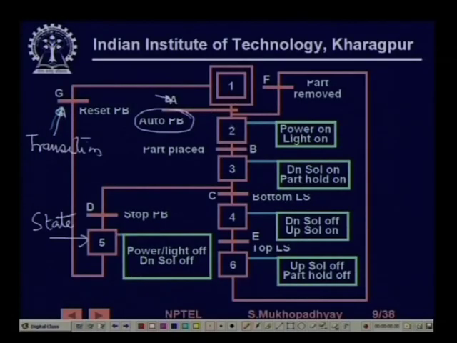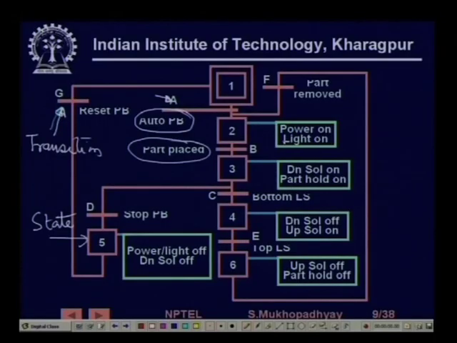In state 2, if transition B takes place, whose condition is part placed, it will come to state 3. In this way, depending on how the sensors are bringing in signals from the field, the various transitions will be enabled and the system will hop from state to state. That is the behavior of the system.